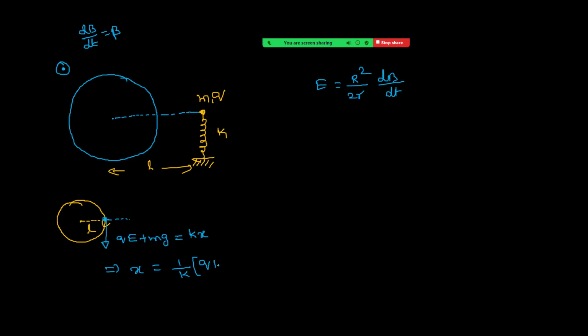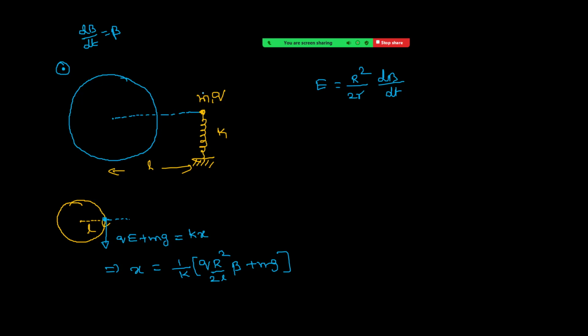Therefore, it is now R square by 2L. In the place of dB by dt, it is B, plus mg. Suppose you assume the strength of the field is decreasing, then the field and direction will be opposite, so the electric force will be upwards.